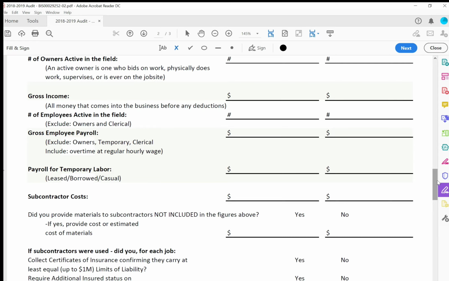A lot of people will say, I have temporary employees or 1099 employees. Those, I'm not going to count those people. But if they don't have their own insurance, they don't have their own company, they're not an actual entity. It's just Bob that does your plumbing work for you.